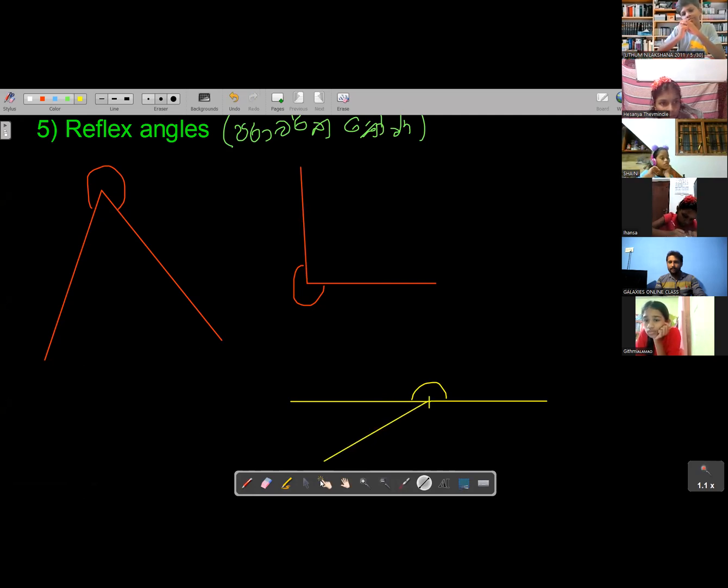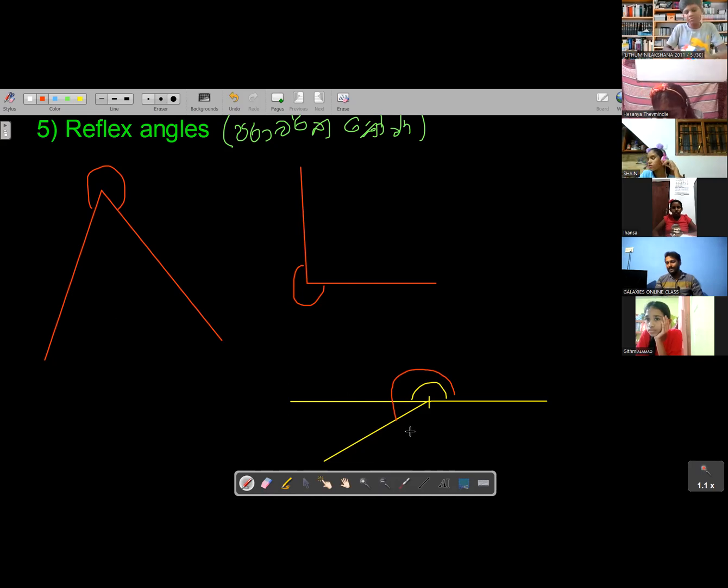Now look at what happened. This magnitude is increased, no? It is greater than the straight angle. If we draw an angle whose magnitude is greater than a straight angle, what do we call it? Reflex angle.